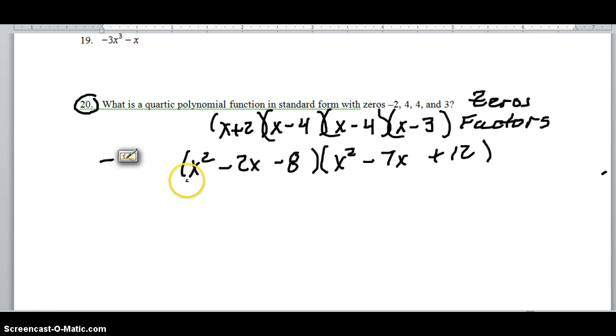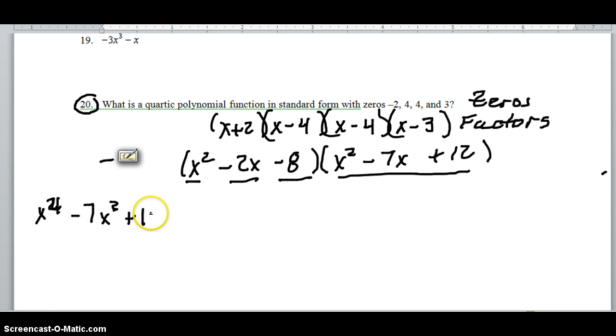Now we get to go ahead and distribute all of this through here, negative 2x through there, and negative 8 through here. So here we go. X squared all the way through. We're going to have x to the fourth minus 7x cubed plus 12x squared. Negative 2 all the way through.